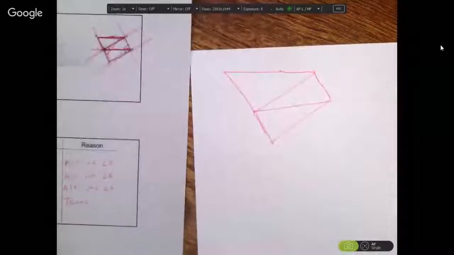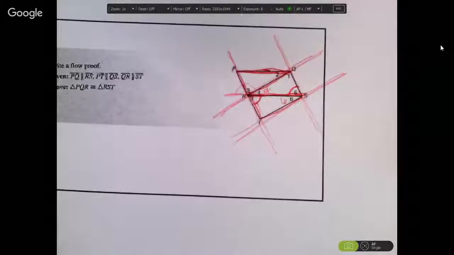What I think we're going to find out is, I see 3 triangles there. Do you see 3 triangles? I think that all 3 triangles are actually congruent to each other. If I can prove that the first one is congruent to the second one, and that the second is congruent to the third one, then you can prove that the first is congruent to the third one.